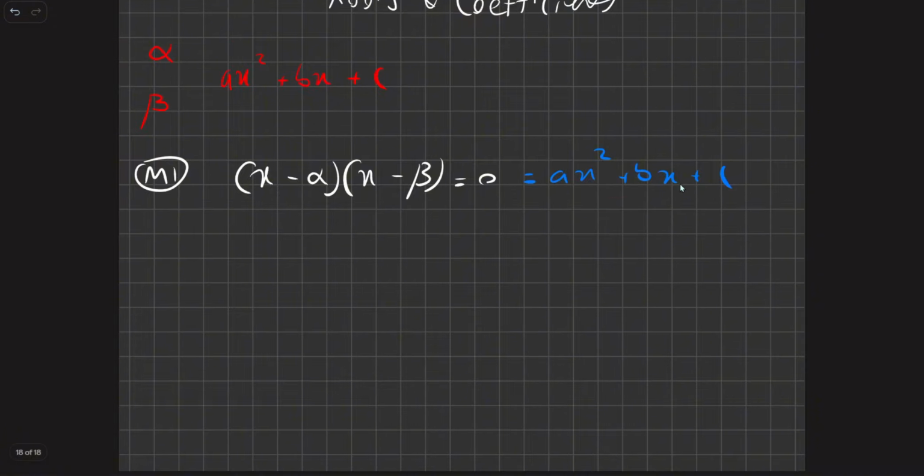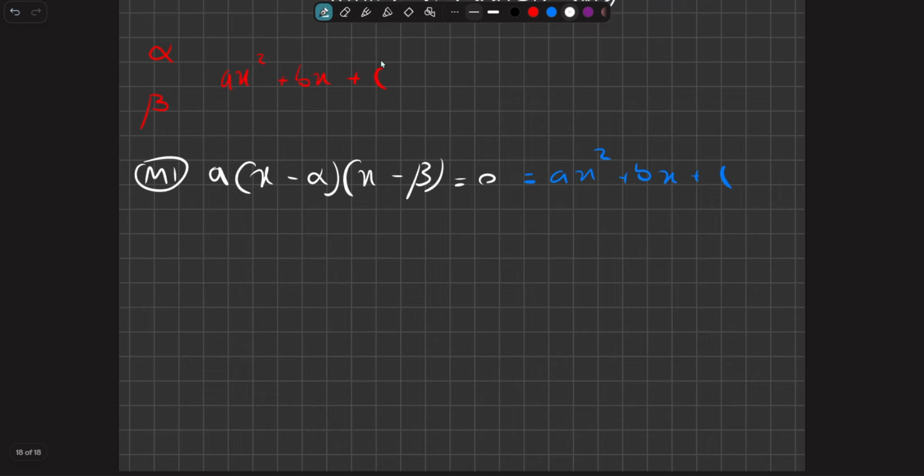The reason is that when you expand this, the coefficient of x squared, so a, will always turn out as 1. You can't do anything else. So for this form, the coefficient of x squared will always be 1. The way we can fix this is that we can just add a here. And when we do that, when we expand this left-hand side, we'll always get the correct form.